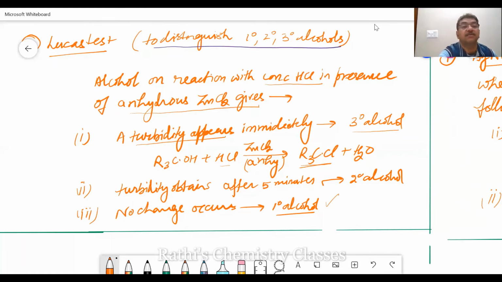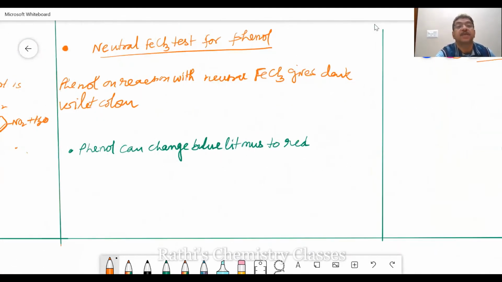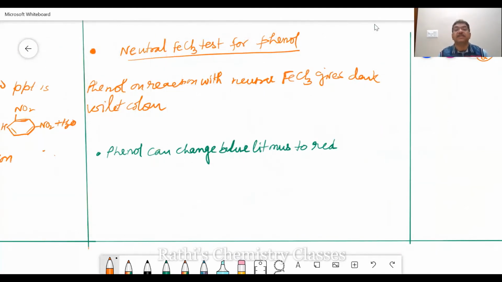Now the next test which we have to discuss is the neutral FeCl3 test for phenol. When phenol is treated with neutral FeCl3 solution, a dark violet color is obtained.